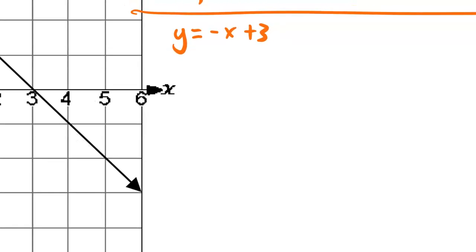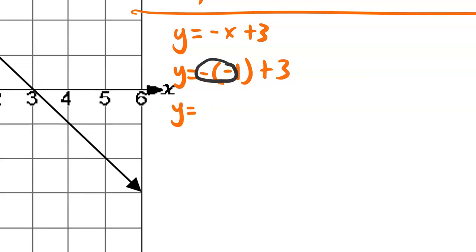And we're going to use the same values for x: -1, 0, and 1. Y equals negative, and don't forget we're putting in our -1, plus 3. Y equals, because we have a negative and a negative here, it's going to become positive. 1 plus 3, y equals 4.